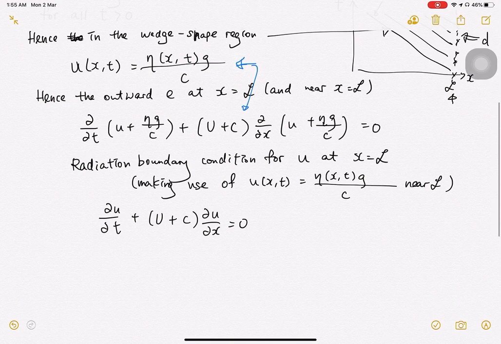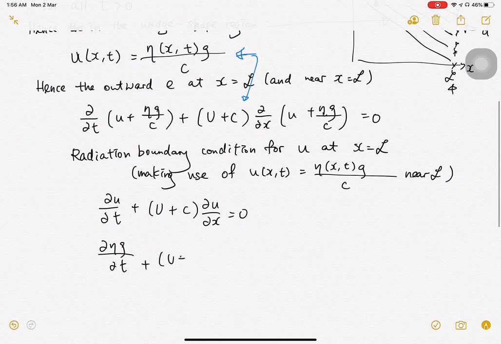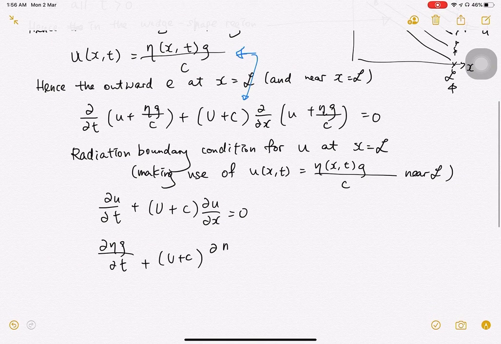Okay, we can substitute either eta or u in the equation, and then we can find out the radiation boundary condition for both u and eta. Right?